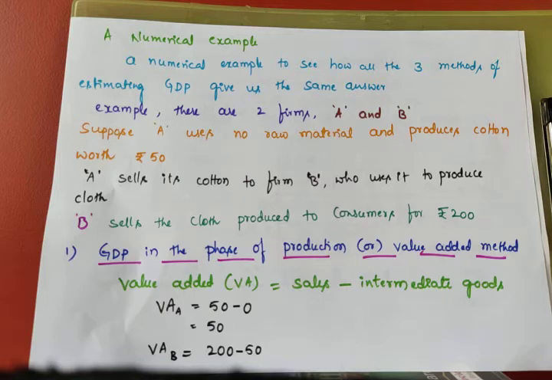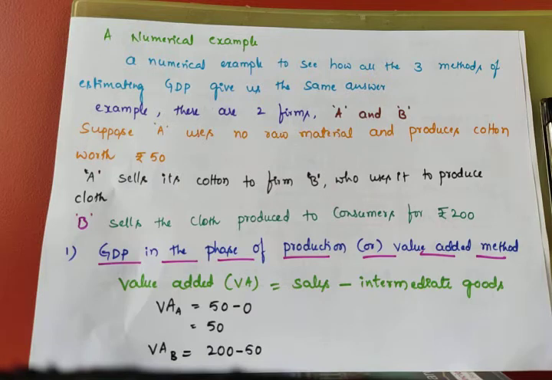And also in yesterday's class we discussed the income method. The sum total of the expenditures in an economy must be equal to the total incomes received by all the factors of production. Under the income method, income is what people receive for providing their services like land, labor, capital, and organization.